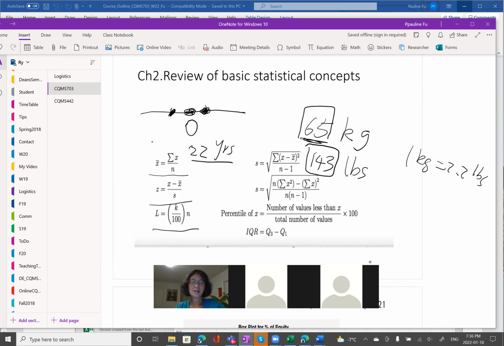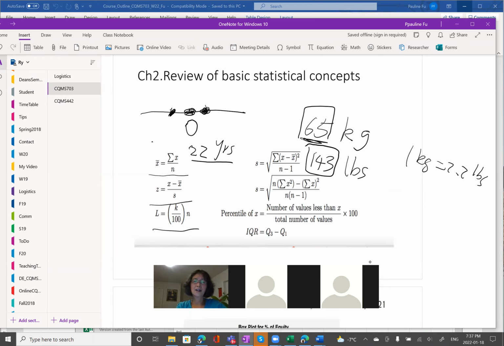And if the average is 22 years old and your age is 24 years old, you want to know maybe what percentage of the students are younger than you. That is the location. Where are you located in this class?